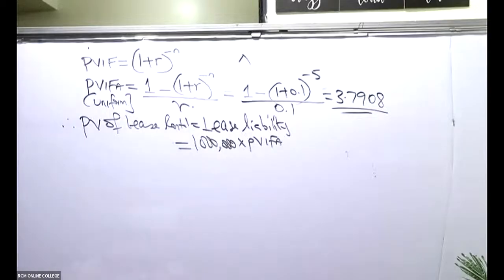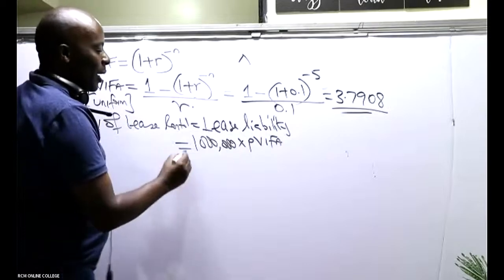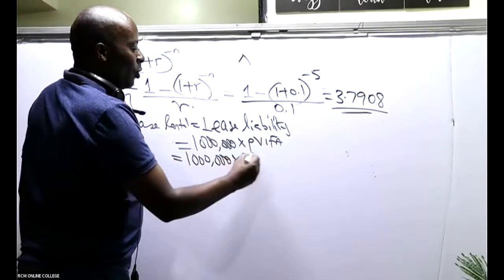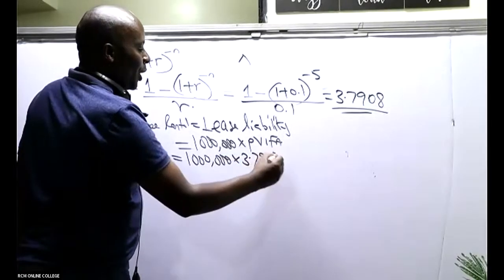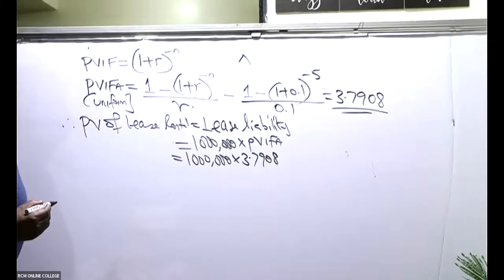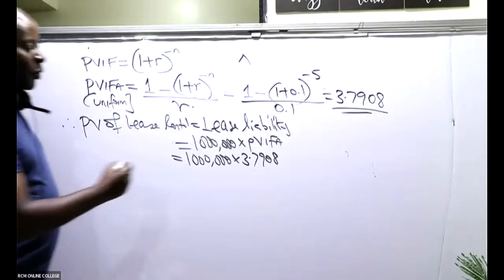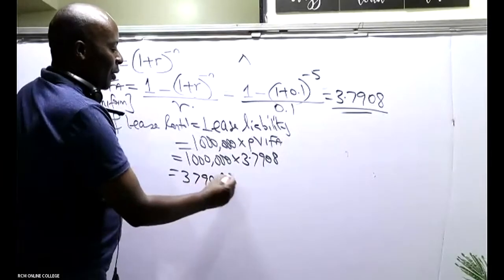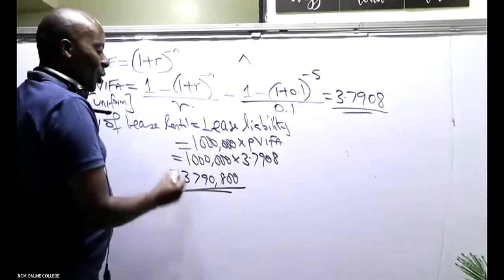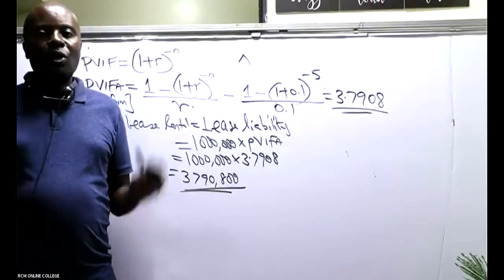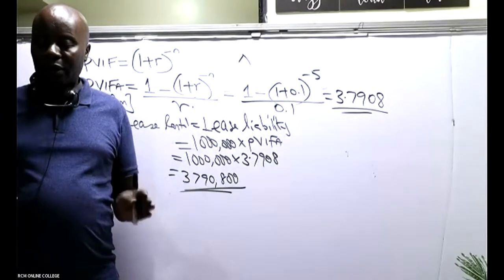So this will be $1 million, which you are paying every year, times PVFA of 3.7908, which will be the same as 3,790,800 Kenya shillings. So this is what we owe the landlord in total, having discounted.